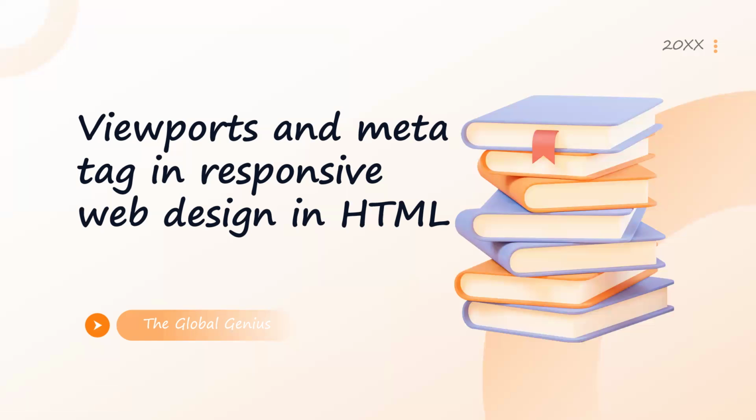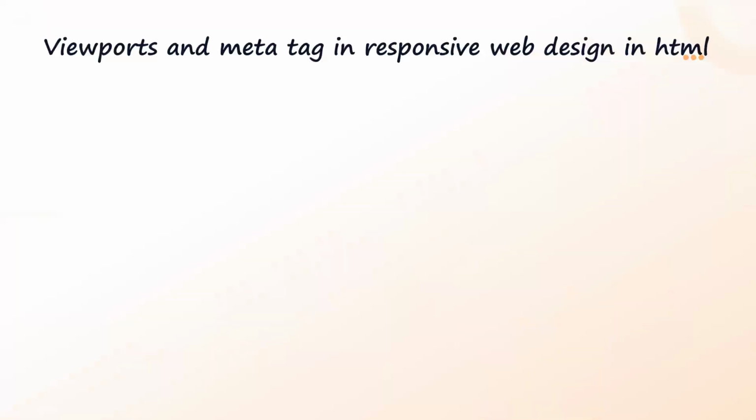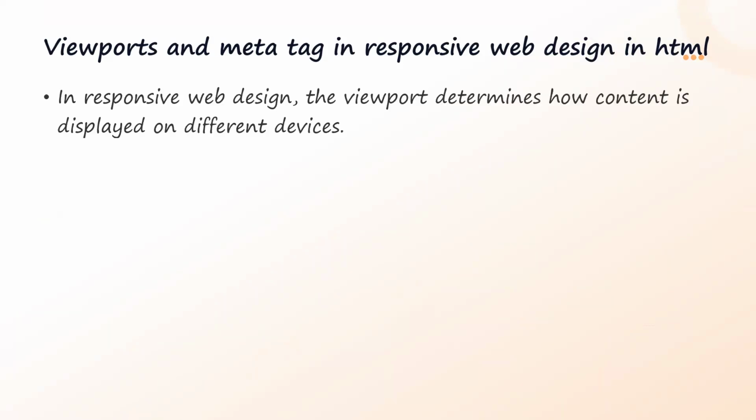We have the viewports and the meta tag that we'll be talking about. We'll also be looking at media queries. We have flex boxes and other stuff that we are going to be talking about. But in this session, we'll be talking about viewports and meta tag, and also media query.